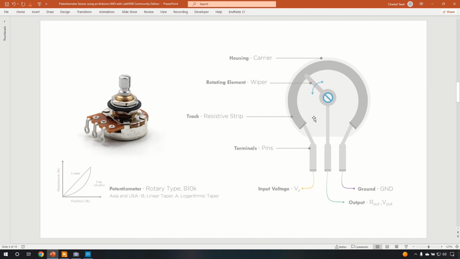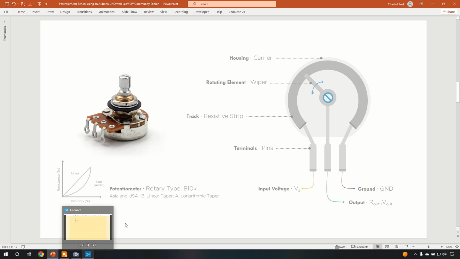And essentially what we are doing, we are having a variable resistance right here by changing the length of the strip by rotating the wiper. So here we can model this potentiometer as 2 resistors in series. One resistor for this part or strip and another resistor for the other part or strip. So in other words, it's a voltage divider.